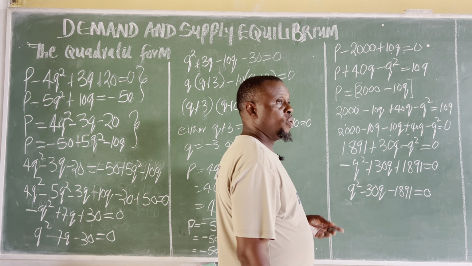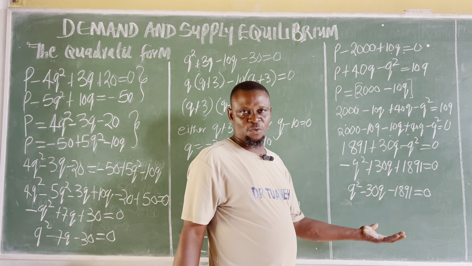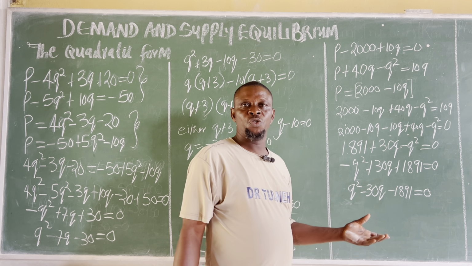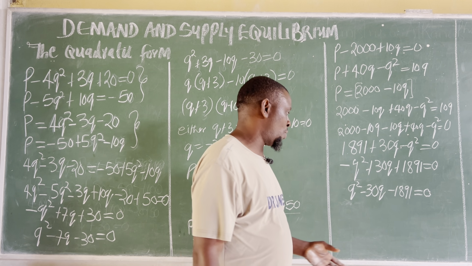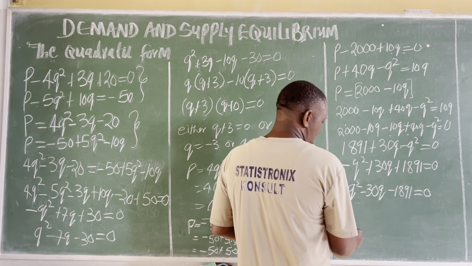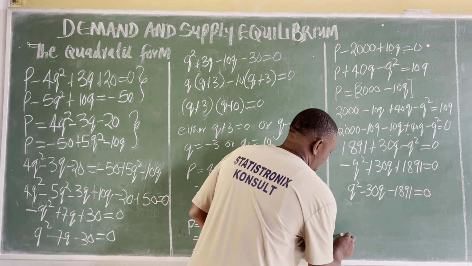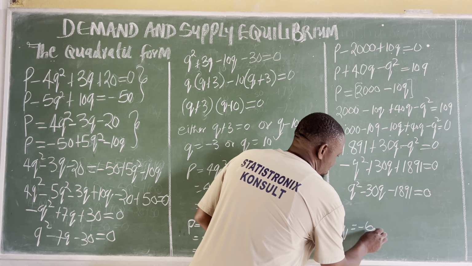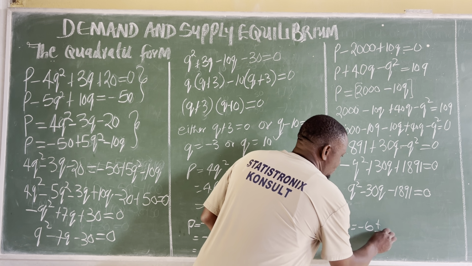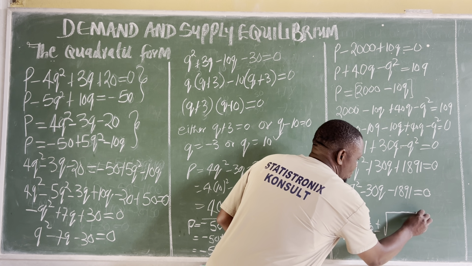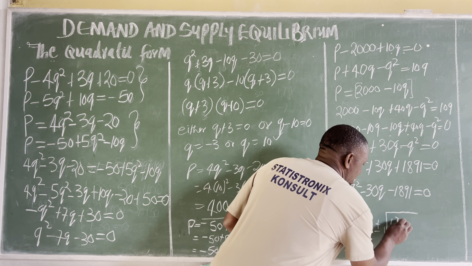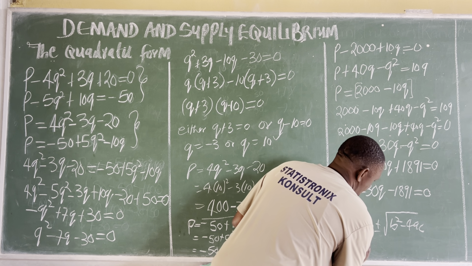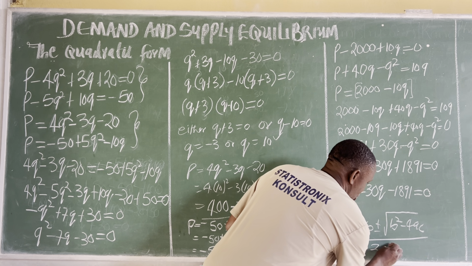Okay? Now, we want to use the quadratic formula. In the previous example, we used the factorization method. So now we want to use the quadratic formula, which is that q will be equal to minus b plus or minus the square root of b squared minus 4ac, all over 2a.